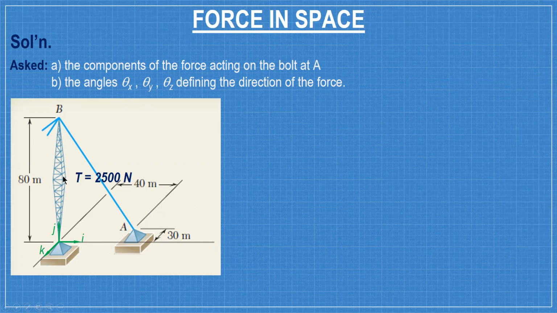Okay? And if you imagine this tower, ang direction sa force aning EB, it should be downward, no? Iya man ang i-pull downward, no? Pero ang required there is components of force acting on the bolt at A. So tension gihapon.